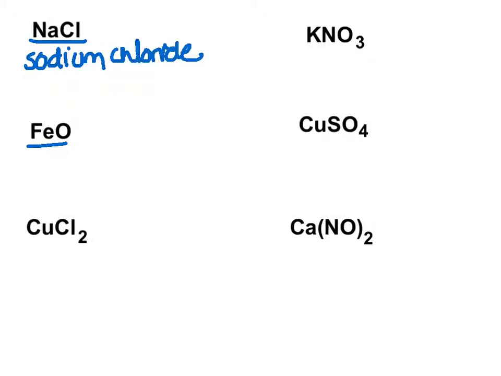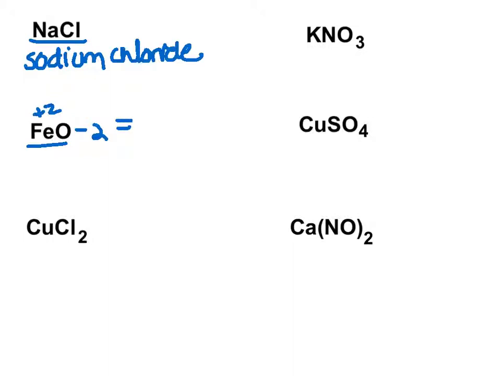The next compound, FeO, iron can have more than one possible charge. We stated earlier that iron could be a +2 or a +3. Which one is in this compound? Well, I know that oxygen is always a -2. And since there's one iron paired with that oxygen, then I know that iron must be +2, because all of my compounds need to be neutral.